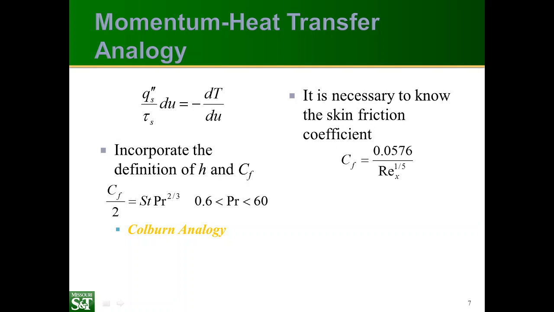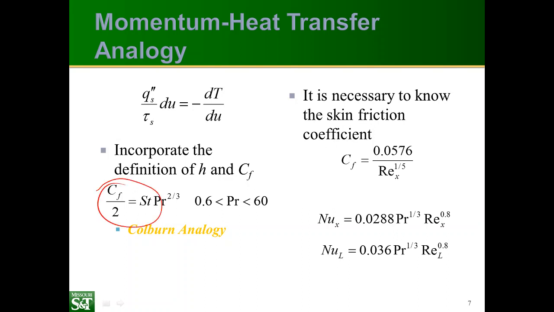Now, this allows us to recast these equations in terms of the Nusselt number. So now we can move from this Stanton number based correlation through the skin friction coefficient to a Nusselt number correlation depending on Prandtl number and Reynolds number.